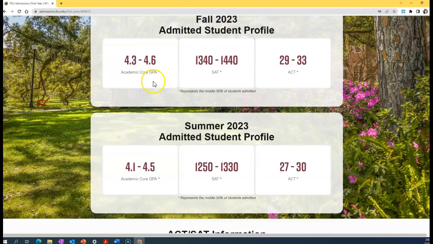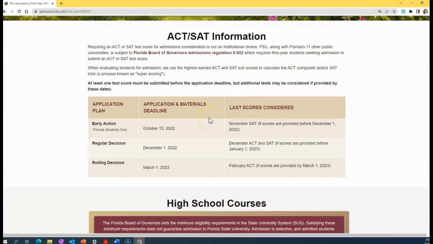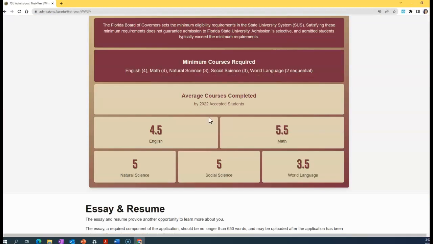Summer admit is slightly lower than the requirements for fall admit. Then high school courses, minimum courses required. We do have the minimum high school graduation requirements, but that does not necessarily get you into colleges.